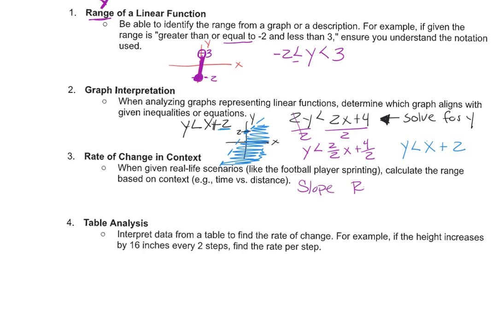Slope is always going to be rise over run, so up and down over left and right. Also, if you do not have an equation to pull from, and maybe you just have a table with information that you can pull 2 points from, you can always go y2 minus y1 over x2 minus x1. And that is going to give you your slope.